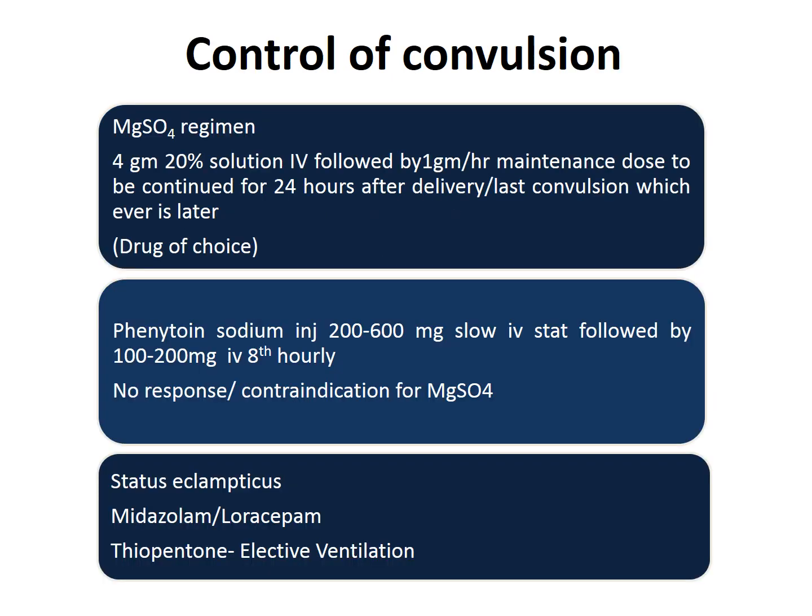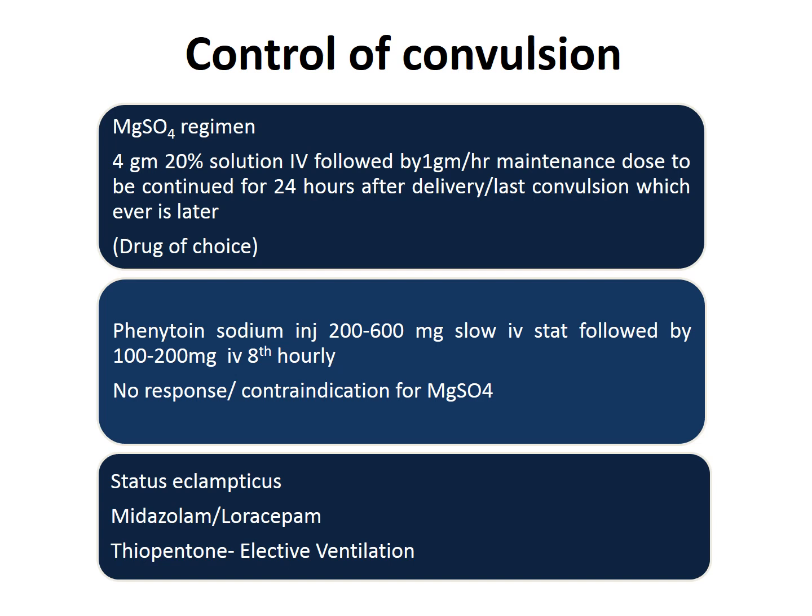For control of convulsion, magnesium sulfate is the drug of choice in eclampsia. It should be given as a loading dose of 4 gram of a 20% solution in 100 ml saline, to be run in 15 to 20 minutes.